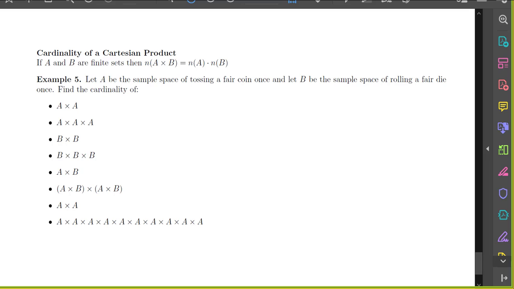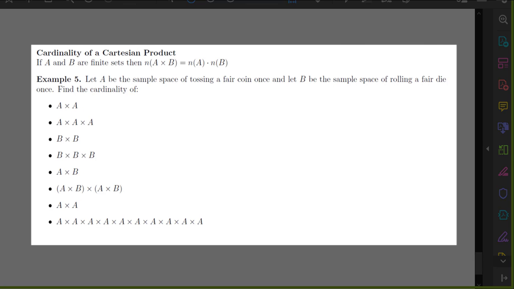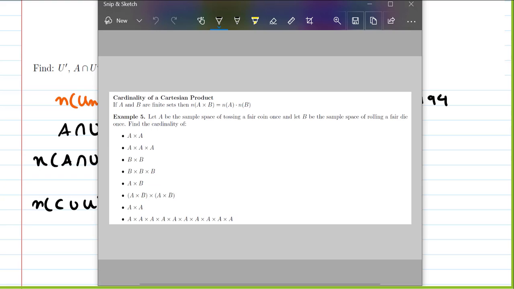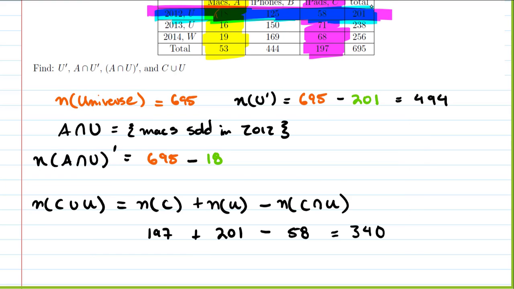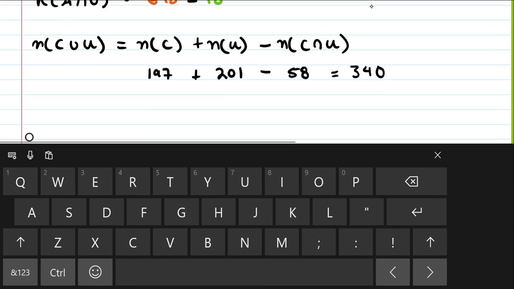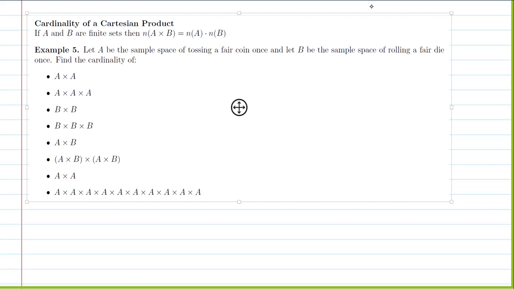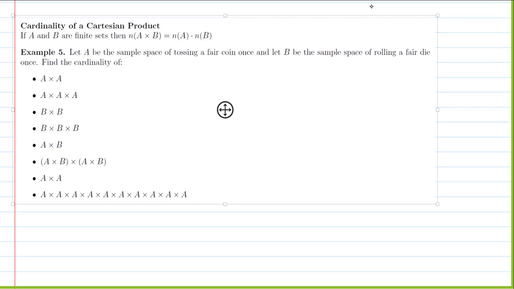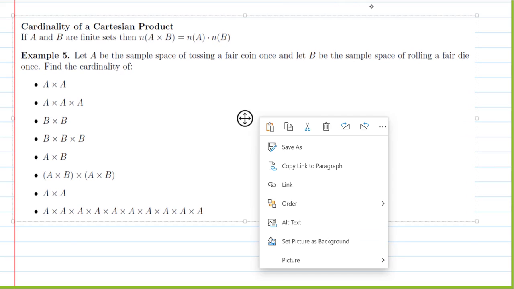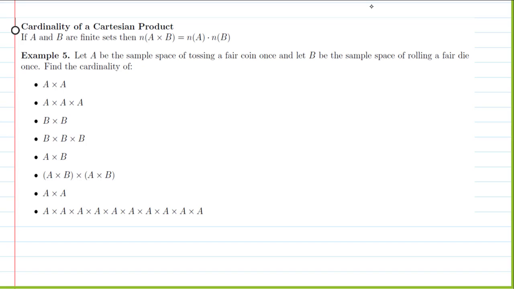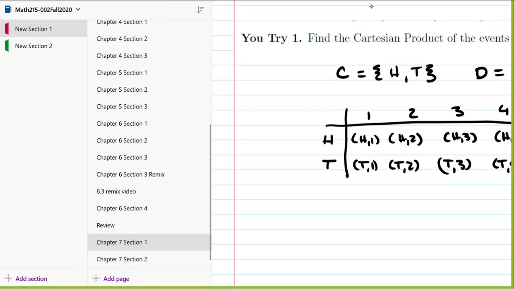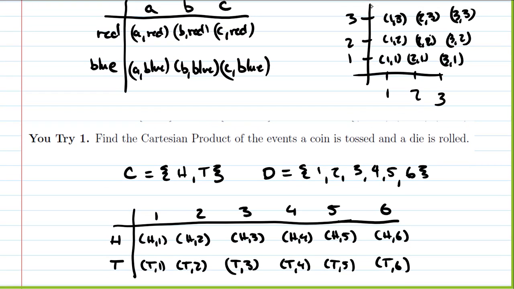All right, so the last thing we want to talk about is the cardinality of a Cartesian product. If A and B are finite sets, then the number of things in A cross B is the number of things in A times the number of things in B. If we look back at our Cartesian product from last time, that should make sense because we modeled them by making a rectangular array.